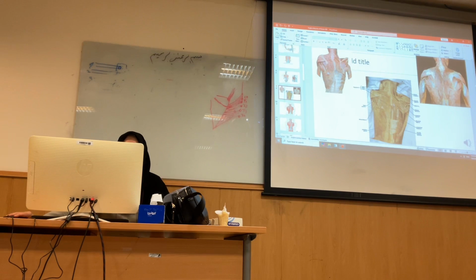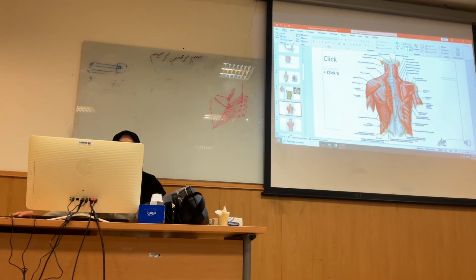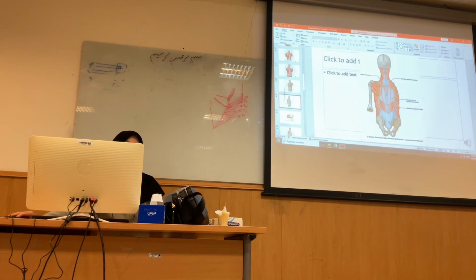And if I remove this rhomboid, deep to this rhomboid, I will be able to show you the serratus posterior superior muscle. You can see here, serratus posterior superior, serratus posterior inferior. These two are different from the serratus anterior muscle.